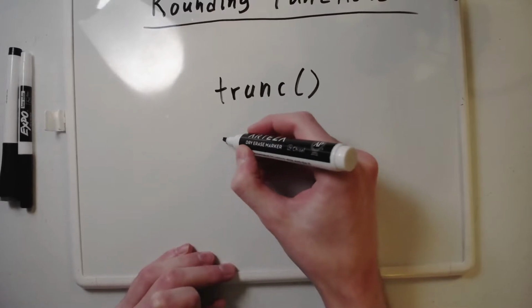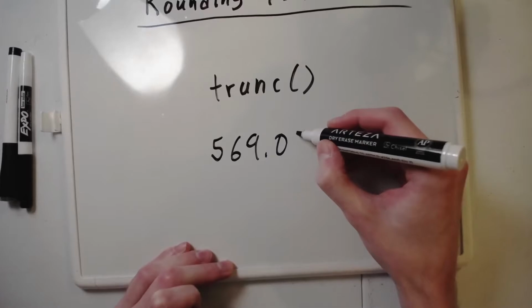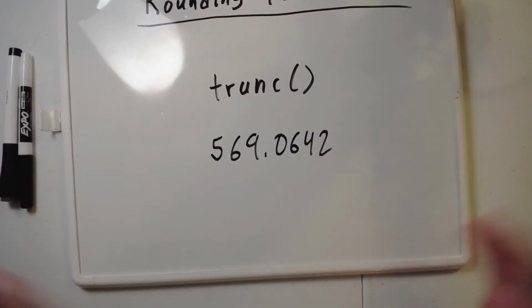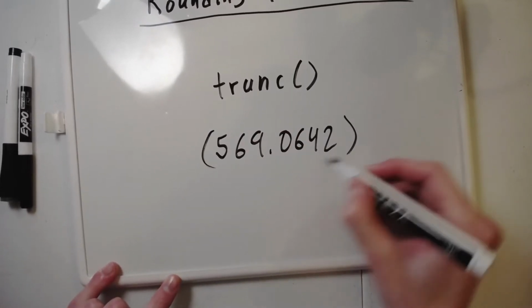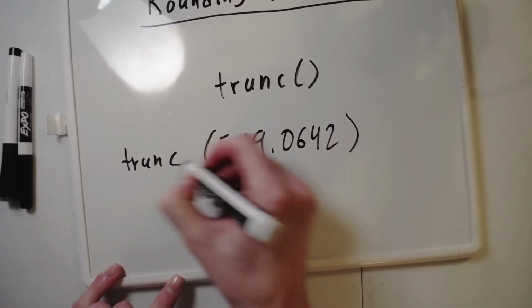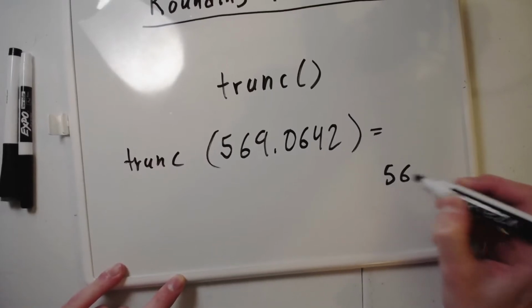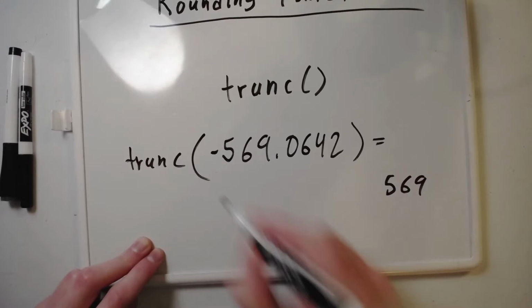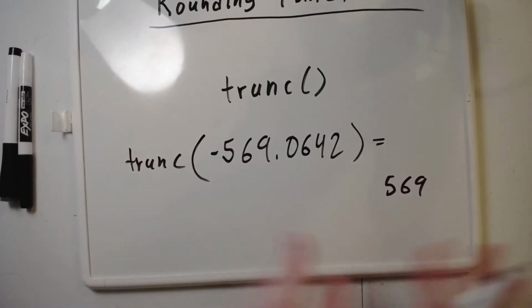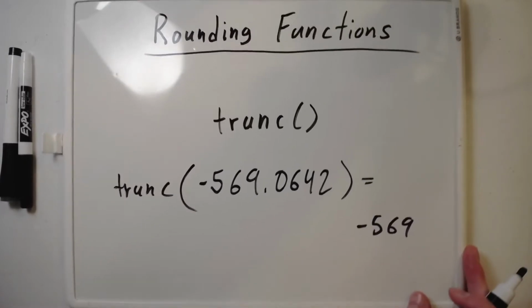So if you have a number like, let's say, 569.0642, some large convoluted number with a lot of digits, and you truncate that, the result is going to just be 569. Of course. But if instead it was a negative number, it's still going to be 569, but with a negative, okay? So it's basically the same thing.